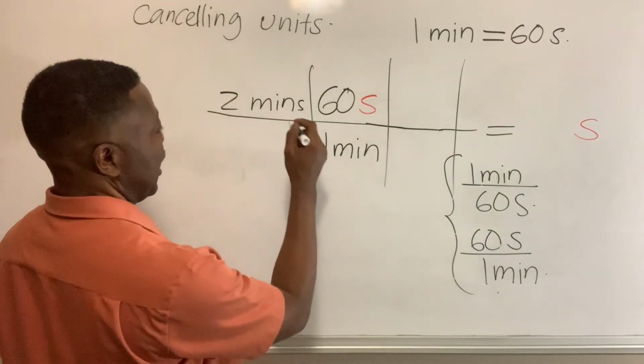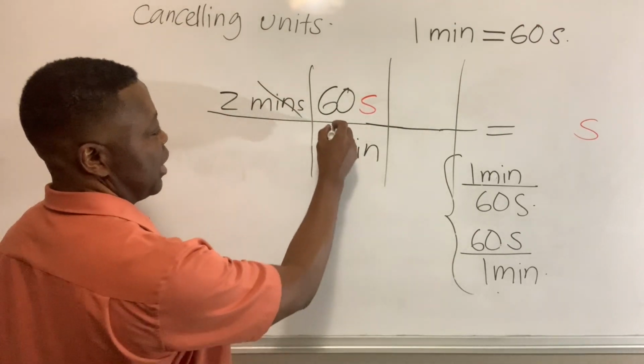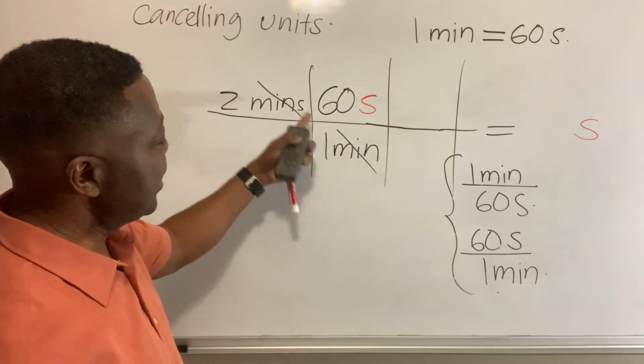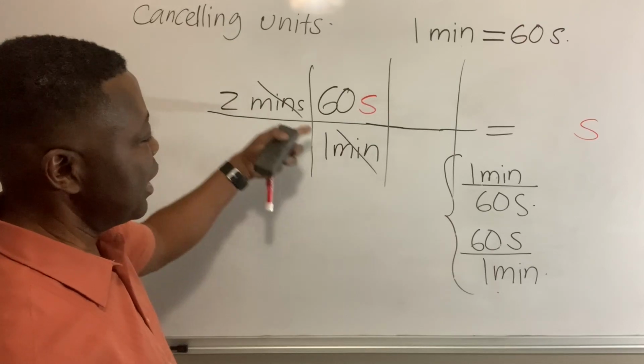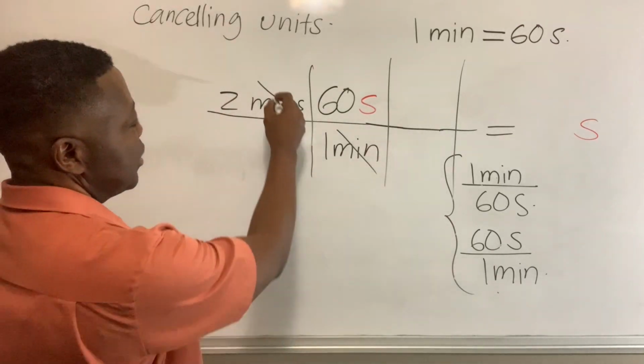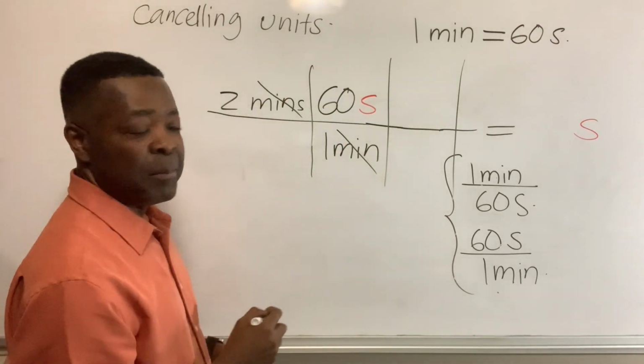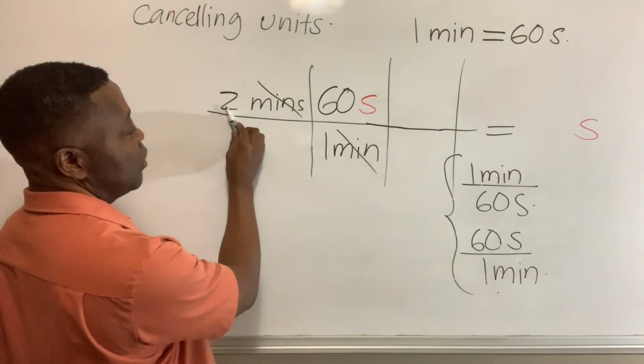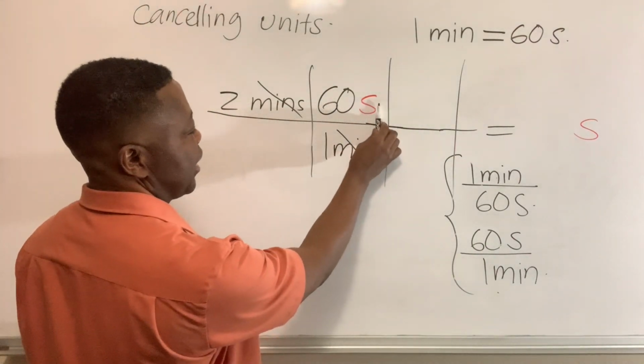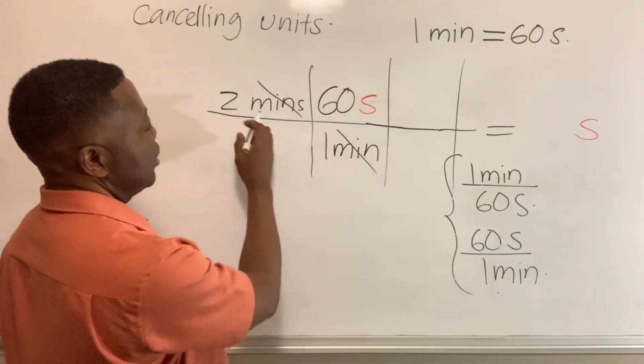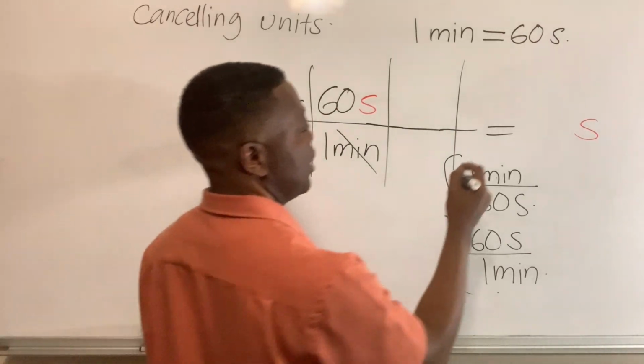So here, the minute appears both on top and at the bottom. So this minute is canceled. My answer will be 2 times 60 seconds over 1. 2 times 60 is 120.